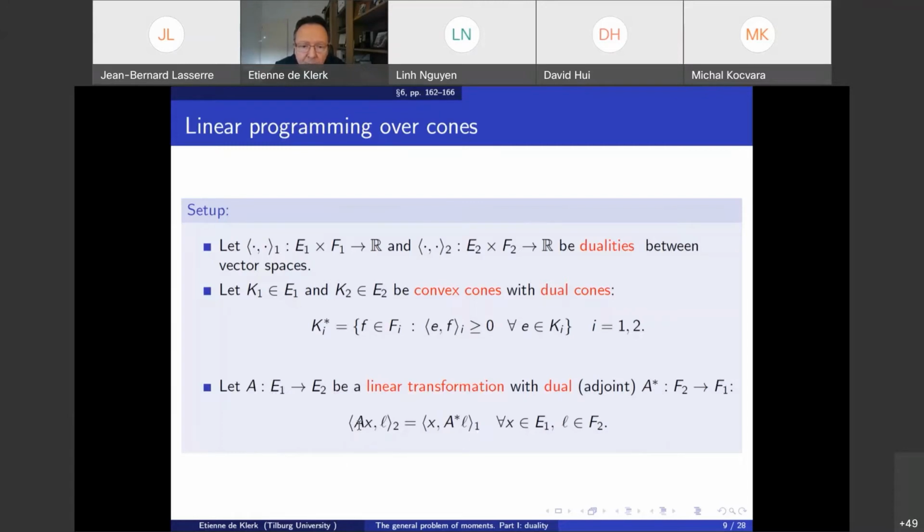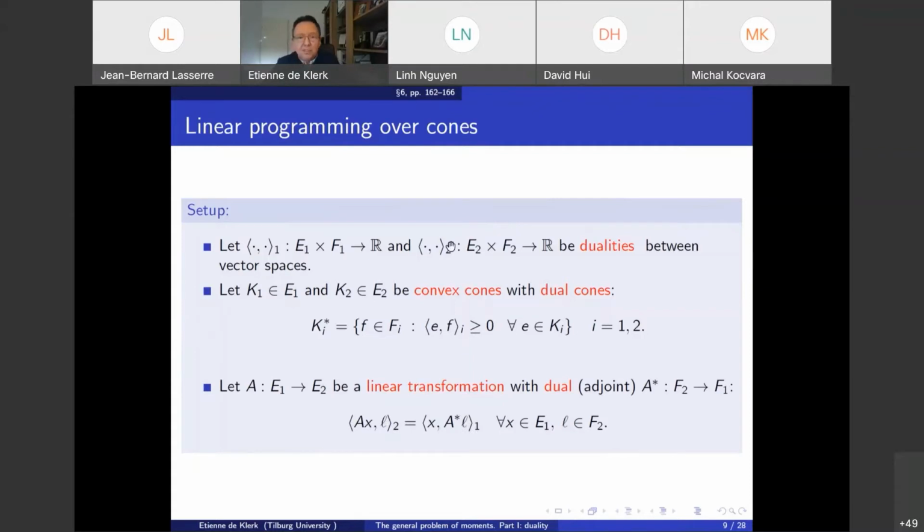To remember how this definition works, basically we can move A to the other side, and it becomes A star, and the duality has to change to the correct duality. If the dualities are the same inner product, then the adjoint works as follows: you just move the A to the front of the other argument, and it becomes the adjoint. That is just to help us remember how the adjoint operator works.